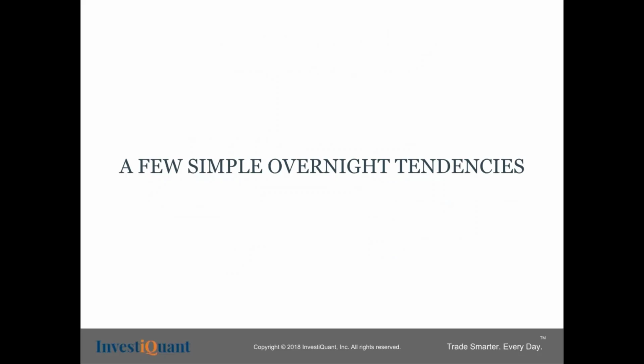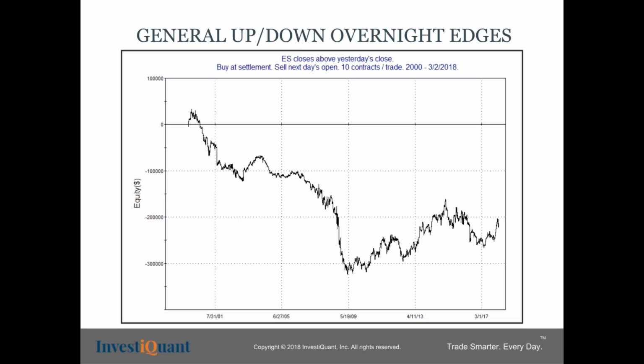All right, let's talk about a few simple overnight tendencies so you have some idea of the kinds of things that we look for and how we can find edges in the overnight. This chart's similar to the historical SPY chart I showed earlier. Instead, it looks at ES action over the years. It's simply a profit curve that looks at returns if someone were to buy ES settlement at the close and then exit at the open the next day.